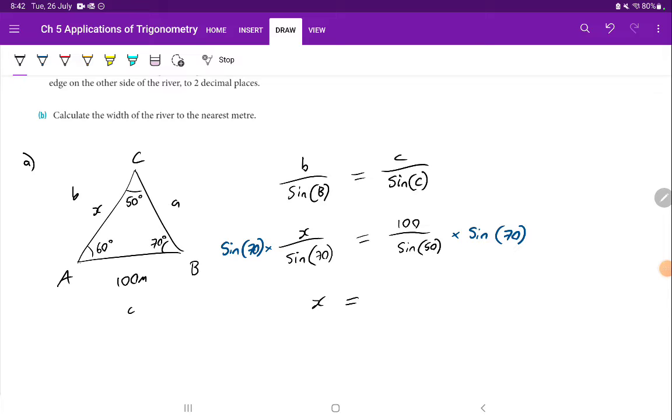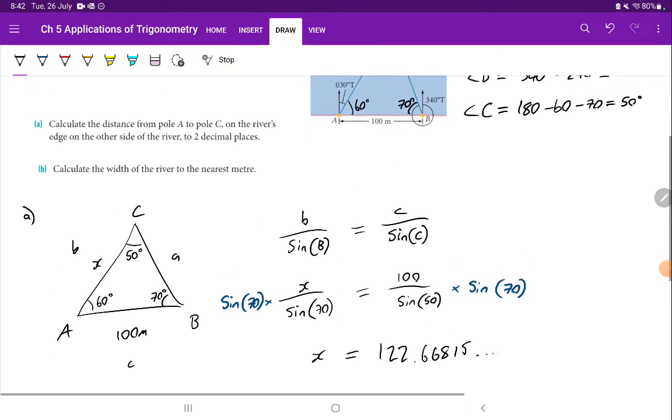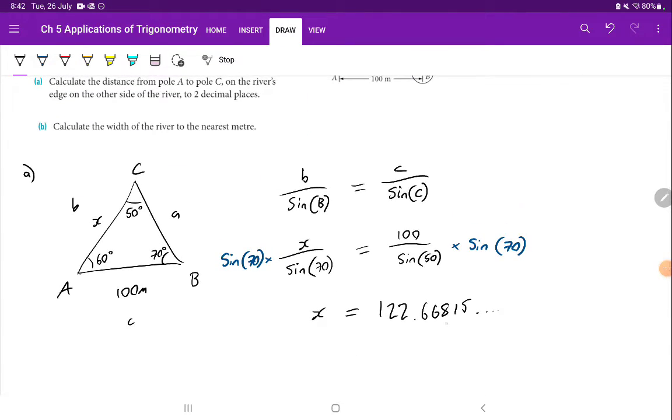And we can now work out X by just evaluating what's on the right-hand side. We get 122.66815, and it says round to 2 decimal places, so round the 6 up to a 7, because the next digit is an 8. Alrighty, and the answer's in meters. So there's actually our answer to part A.